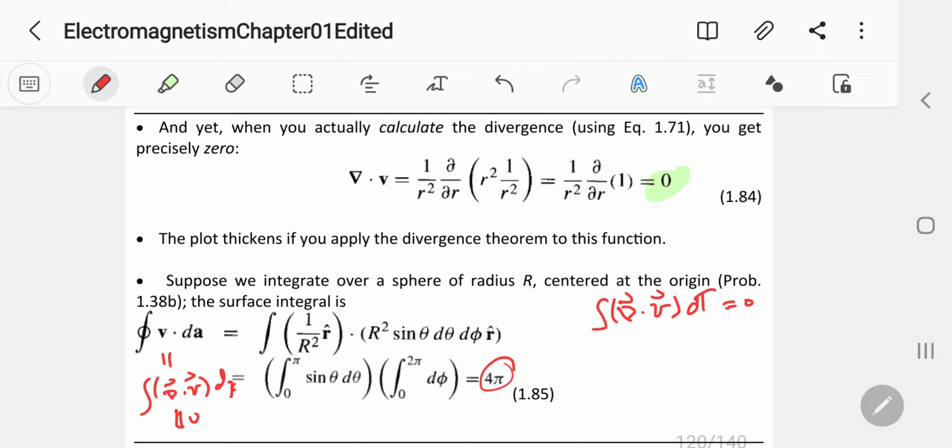But actually, this integral here is correct. There's a question in this integral.